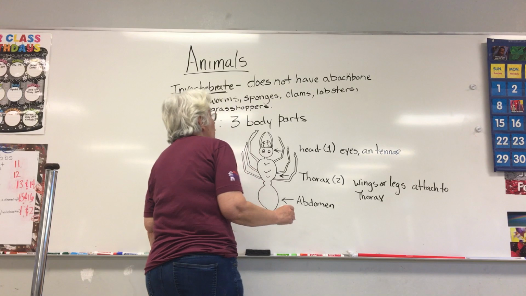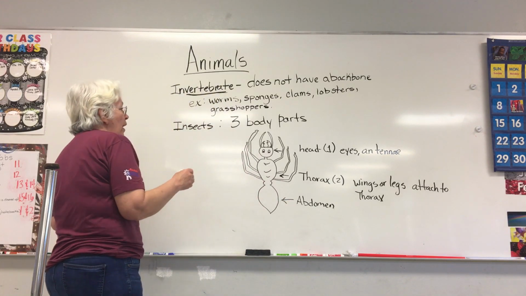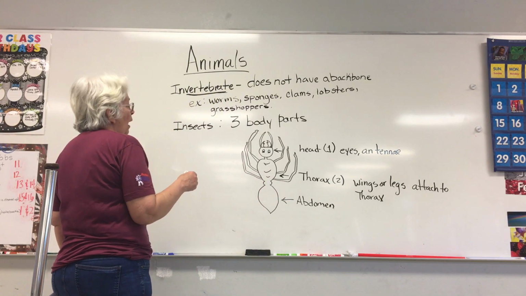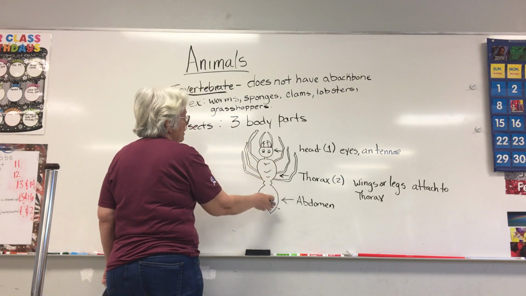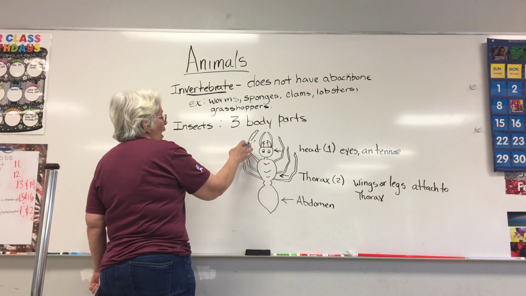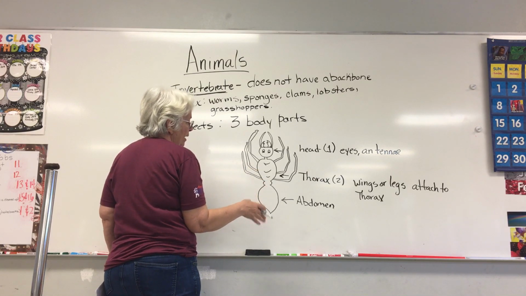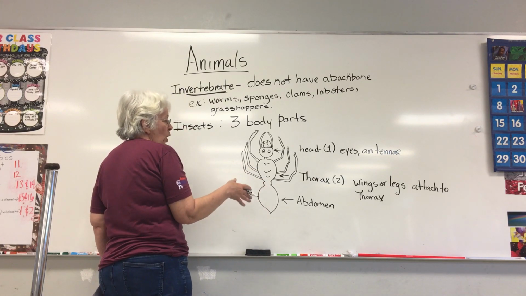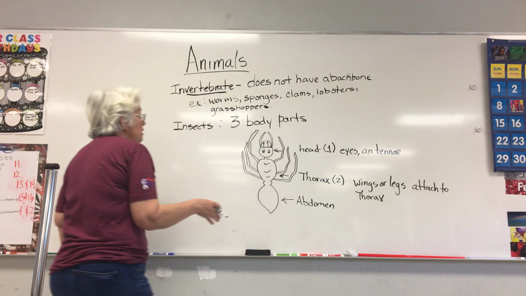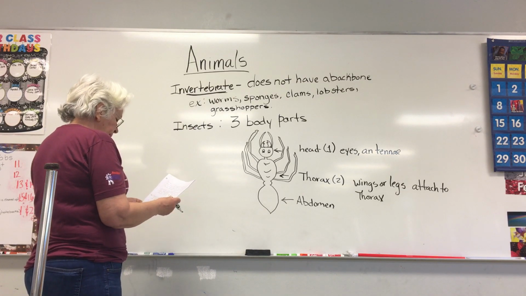So to be an insect, you have to have 3 body parts: the head, the thorax, and the abdomen. And they usually have 3 pairs of legs, for a total of 6. So this is our insects.